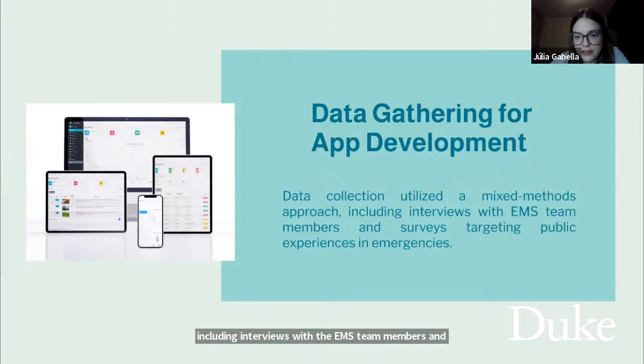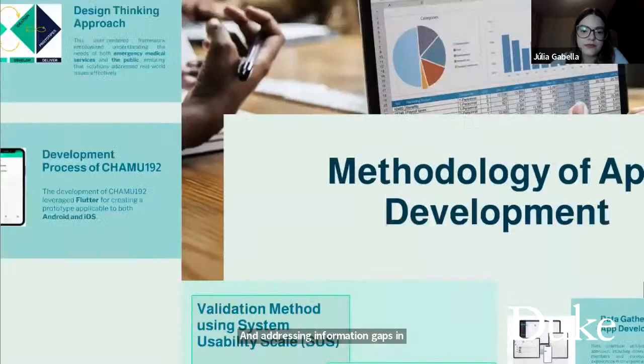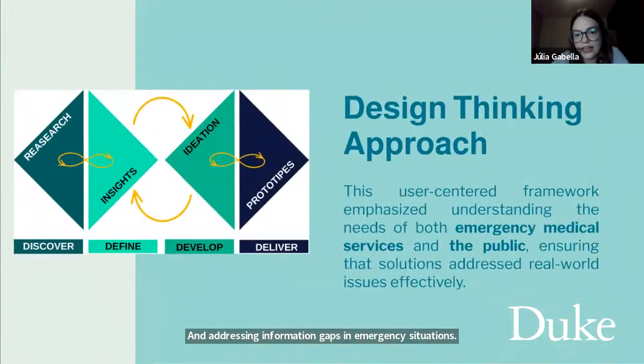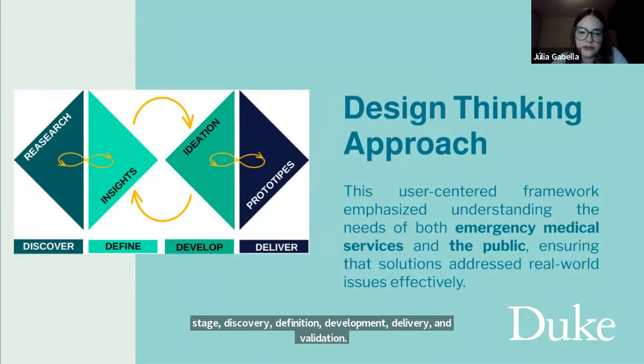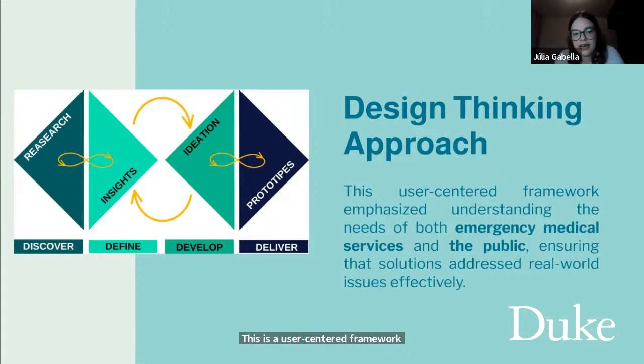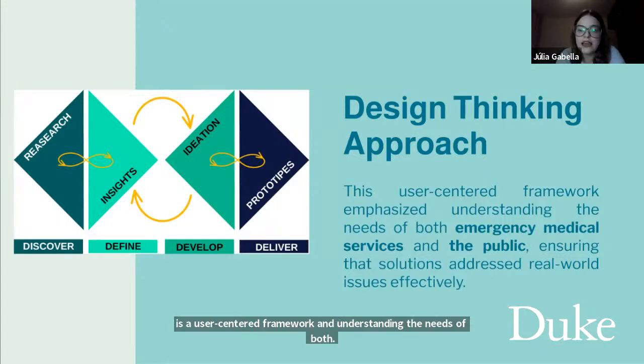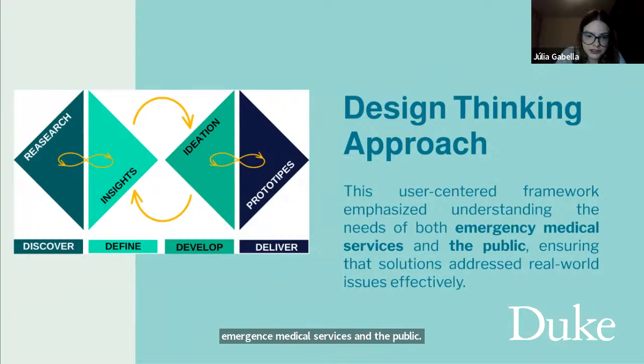This comprehensive data informed the app design by pinpointing communication barriers and addressing information gaps in emergency situations. The design thinking approach guided the development stages: discovery, definition, development, delivery, and validation. This is a user-centered framework emphasizing understanding the needs of both emergency medical services and the public, ensuring that solutions address the real-world issues effectively.